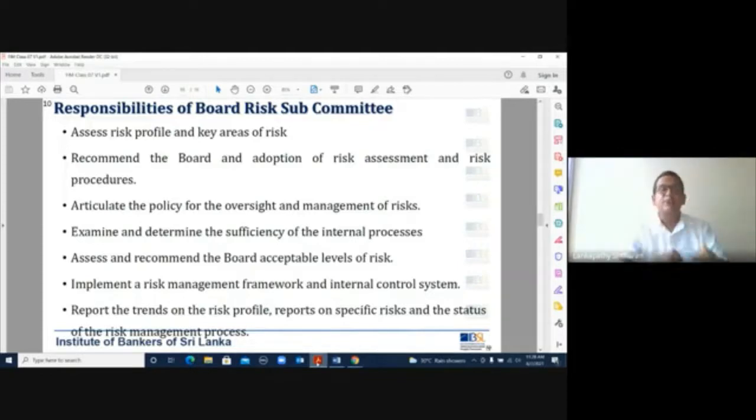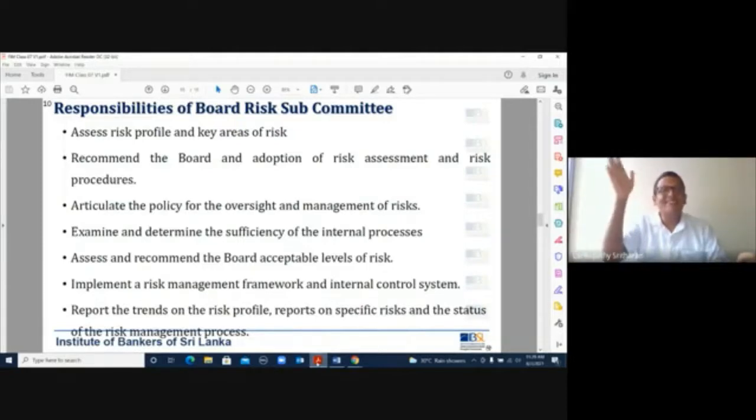If you see the responsibilities, assessing the risk profile and key risk areas is one of the main functions. There may be several areas where banks have risk. For example, loading cash in standalone ATMs is one of the main areas of risk. They may have cash handling risk, operational risk. So this committee will decide what the policies and procedures are, and what risks could arise.